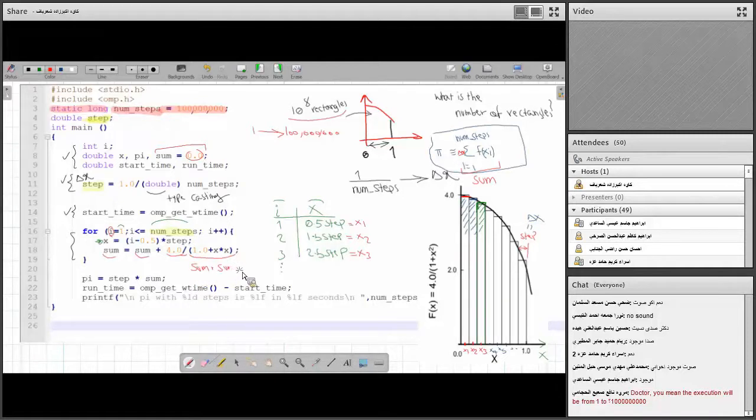Sum equals sum plus 4 over 1 plus x squared. By repeating the for loop until the end of the loop, this variable sum will be completely calculated.